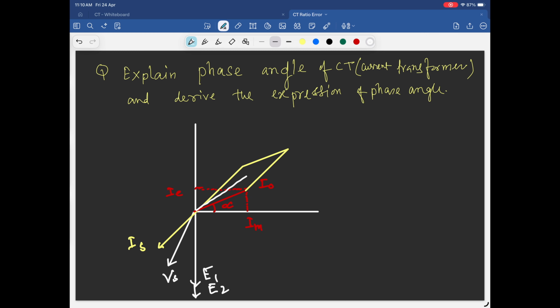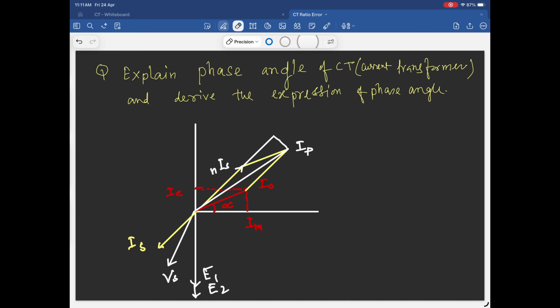Considering the load is inductive, the secondary voltage Vs is leading current Is. And the induced EMFs E1 and E2 are lagging the flux by 90 degrees.